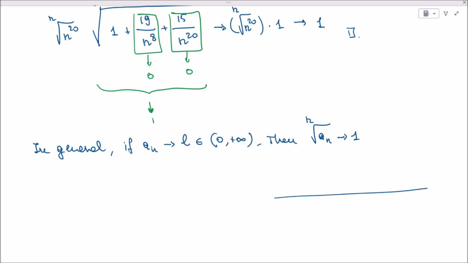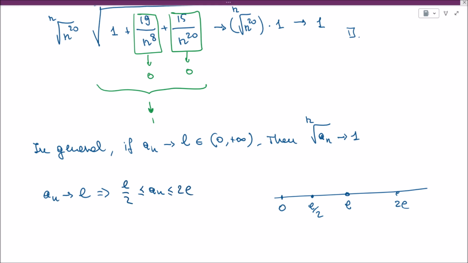So what we are saying is that somewhere we have the limit L, which is a positive limit, so it will stay on the right of 0. And of course, if we stay on the right of 0, we can imagine that L divided by 2 is going to be here, and 2L will be here. Now, saying that an will tend to L means that at some point an will be between L divided by 2 and 2L.